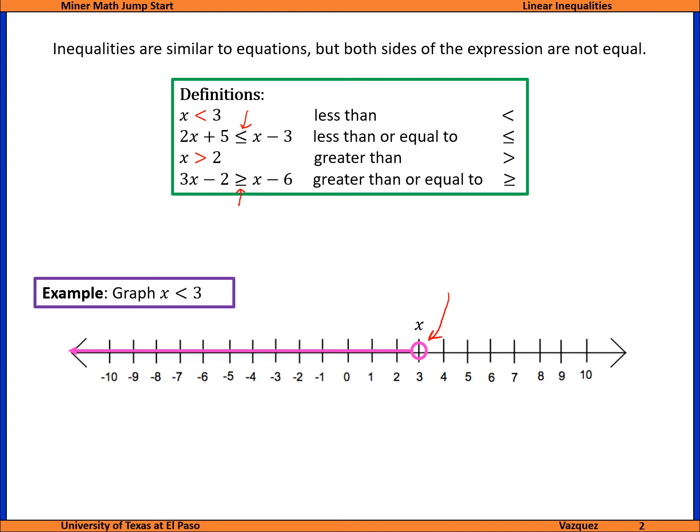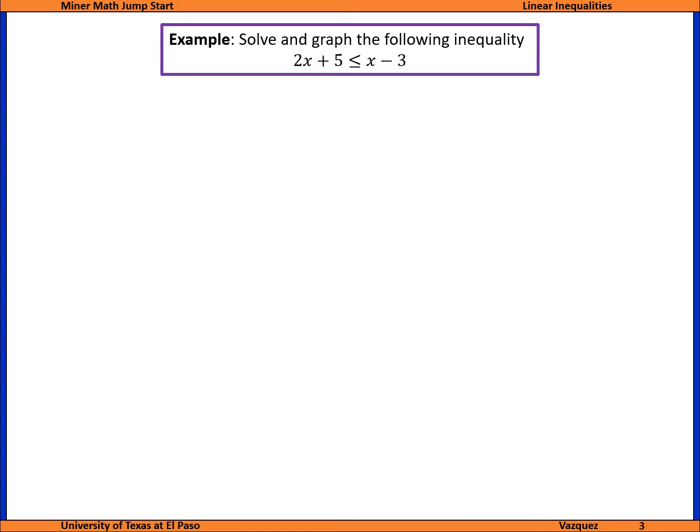All right, another one, the not so straightforward one, we'll be looking at 2x plus 5 is less than x minus 3. Now, they might ask you to solve and graph the following inequality. Here, what do we do? Same as when you have equations. Suppose this was instead 2x plus 5 equals x minus 3.